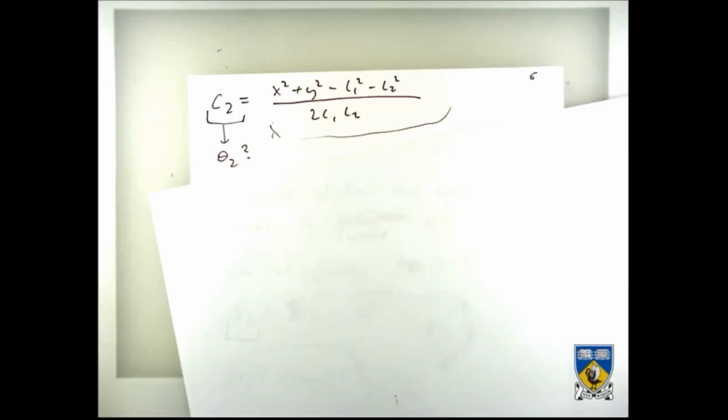Now, silly question. How to extract the angle from this? We have the cosine of the angle. How to get the angle?